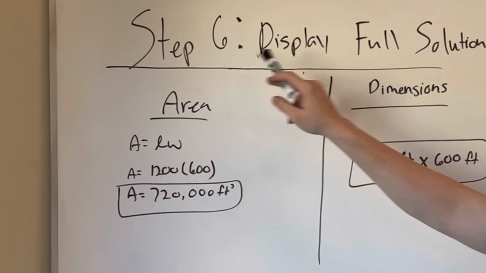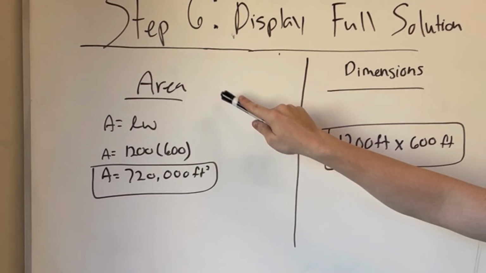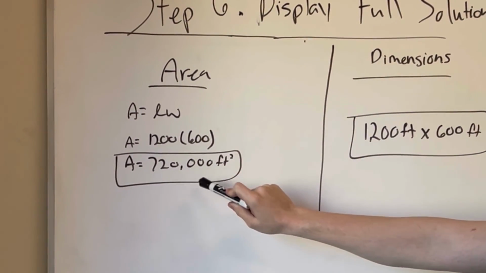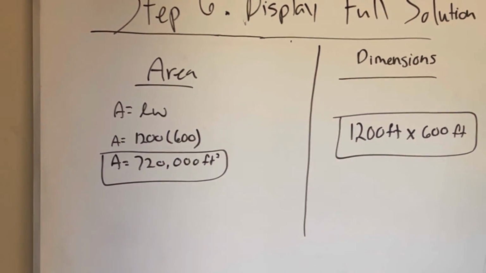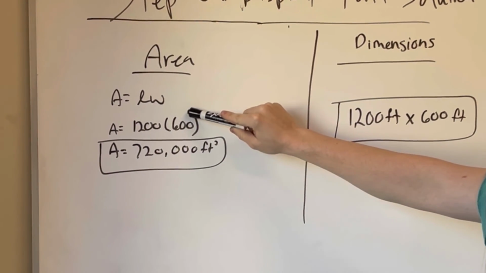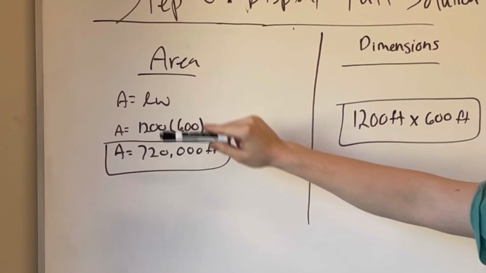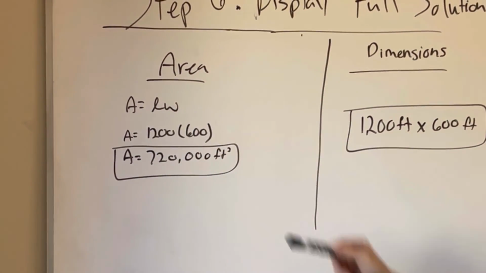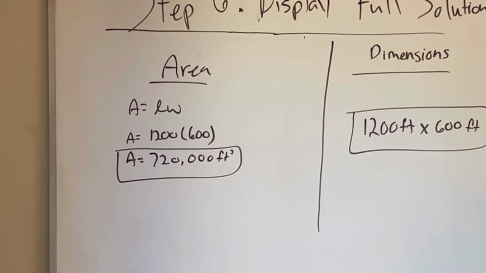Okay, so step 6 is displaying the full solution. The maximum area we can get is 720,000. We multiply both sides, which is the maximum vertex for the shorter sides, and this is the amount we got from our perimeter. We get 720,000 square feet.